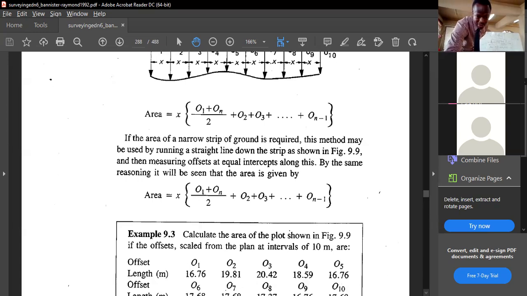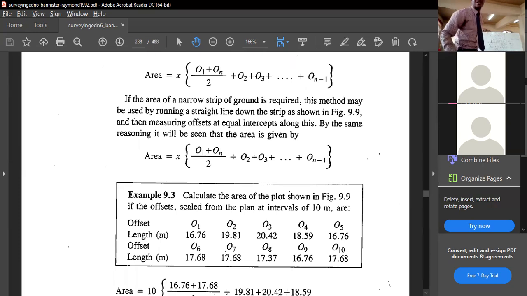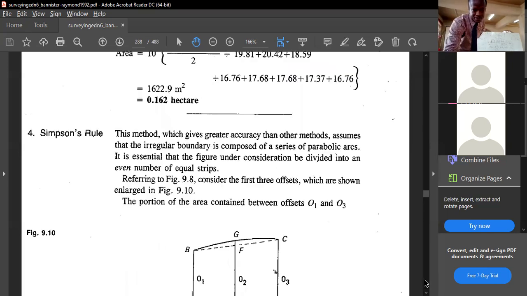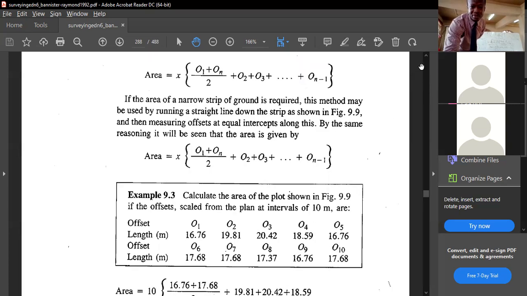All righty. So here there's a question. The offsets we've been given are O1 to O10. Is there a problem with it? Yes, class. O1 to O10. Is there a problem with the offsets?